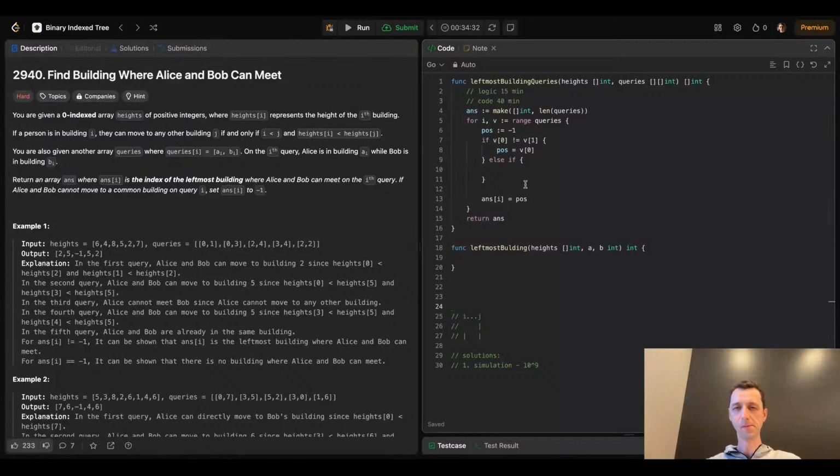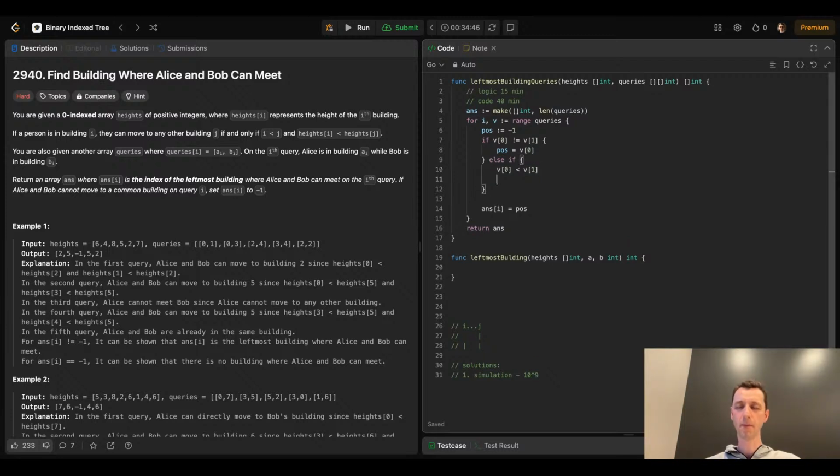So yeah, if V0 is smaller than V1, we'll say that pos is, and we call this leftmost building, and pass the heights, pass V1.